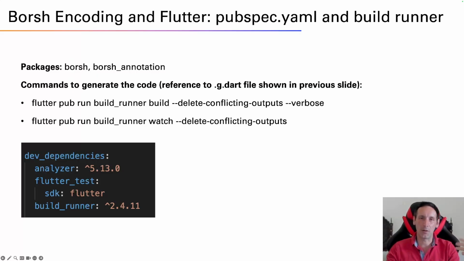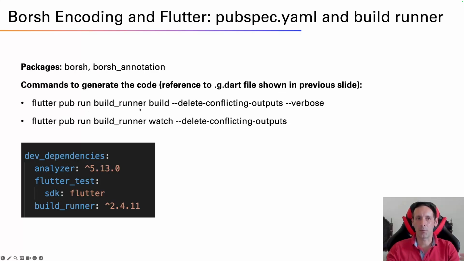These two need to be imported, and they will be part of your pubspec YAML file. And then you'll have your build runner one that you see here, which is under dev dependencies. This is necessary, and once you have these, then you can start running this command that you see here.